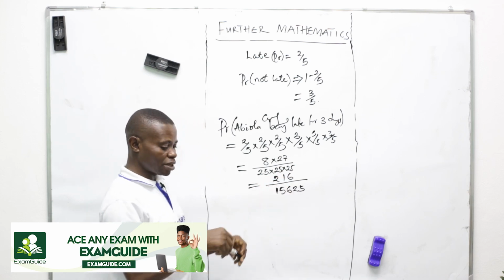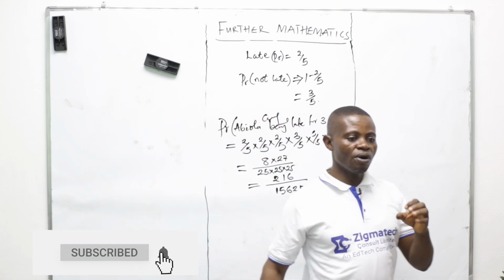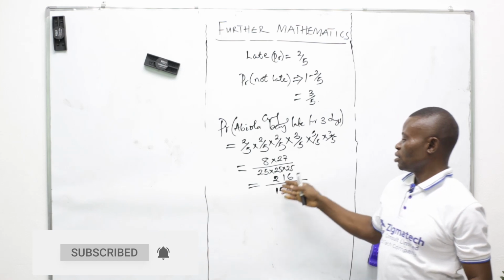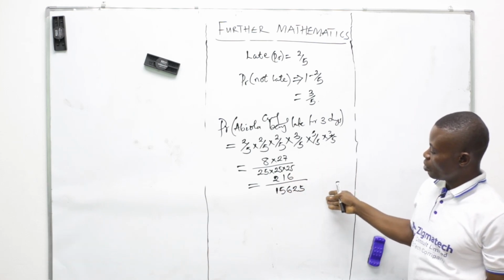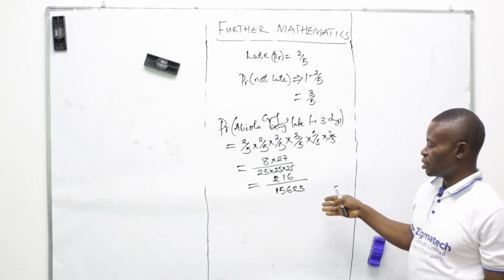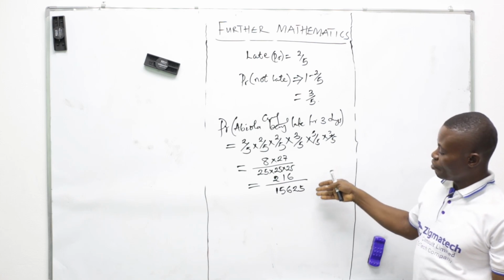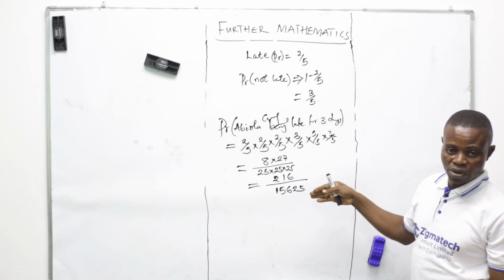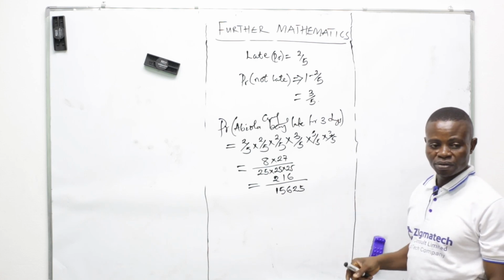So the probability that Abiola will come late for only 3 days is 216 all over 15,625. When you convert to decimal, it becomes 0 point something, which is a probability.